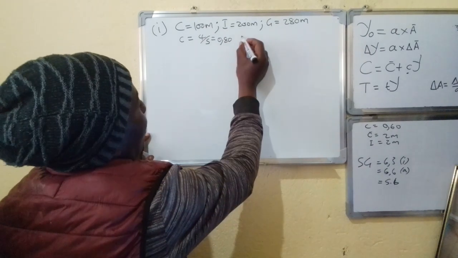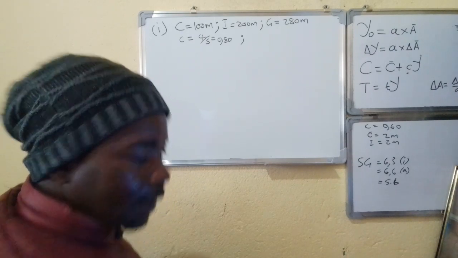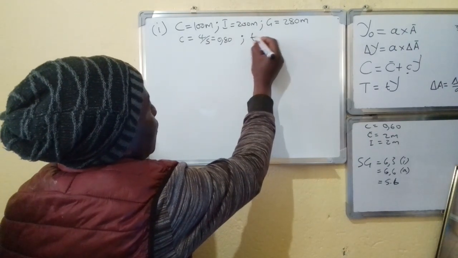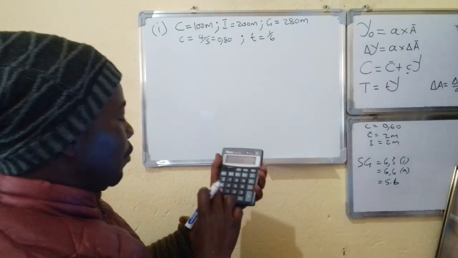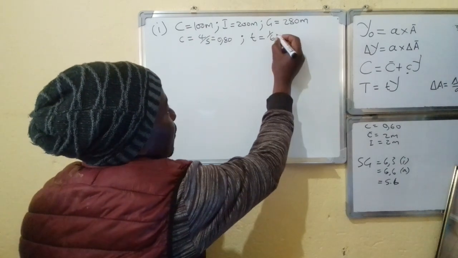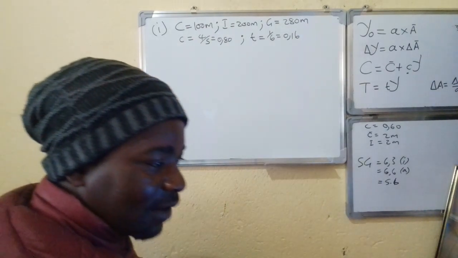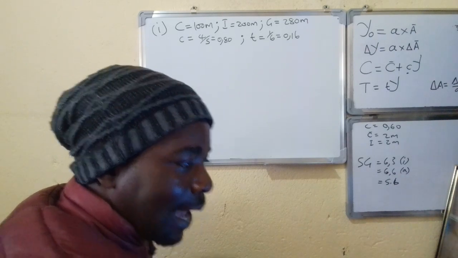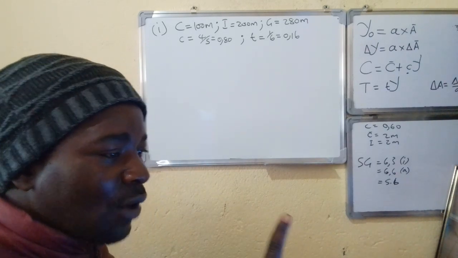And then our taxation is 1/6, which equals 1 divided by 6, which is 0.16. Now, what are they saying we must calculate? Calculate the equilibrium level of income in an economy without foreign sector.